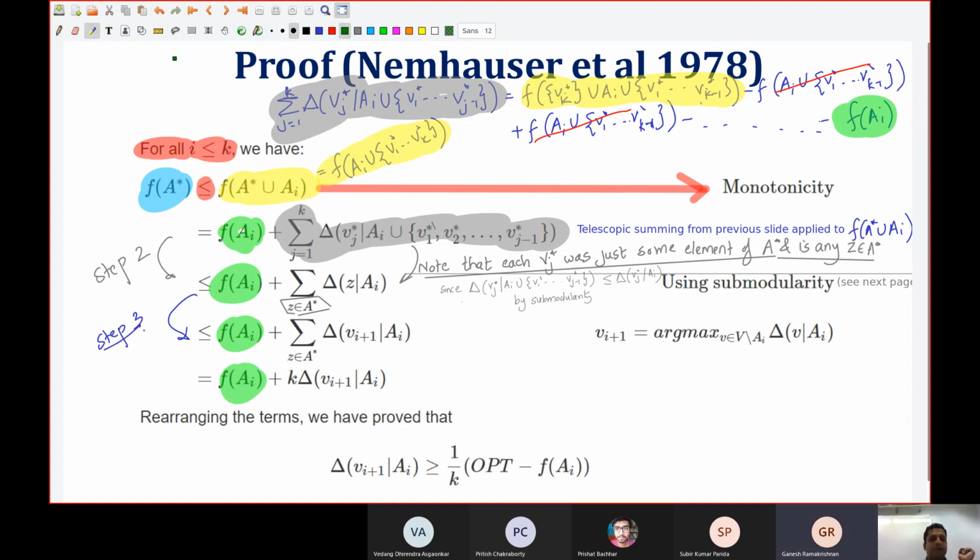And that reason is very simple. Vi plus 1 itself was considered because it was the argmax over all the elements which were not in AI of the delta of V given AI.